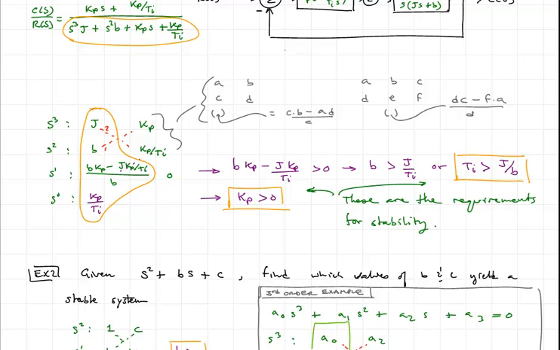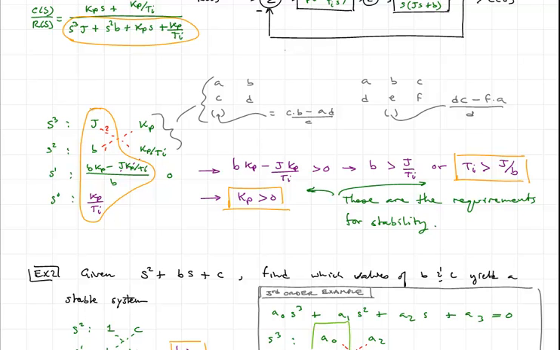We have J, we have B, we have this difference divided by B, and then we have Kp over Ti. J and B are both going to be positive. So that means that if we want all of our poles to have negative real parts, then we have to make sure that this difference over B and this Kp over Ti are both positive, because J and B are positive, and we don't want any sign changes.